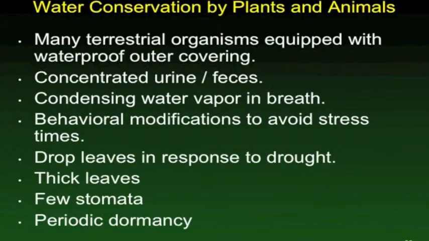And some plants and animals may even go through a whole number of weeks or months in which they're totally dormant, and they may not move very much or grow very much during that time period.